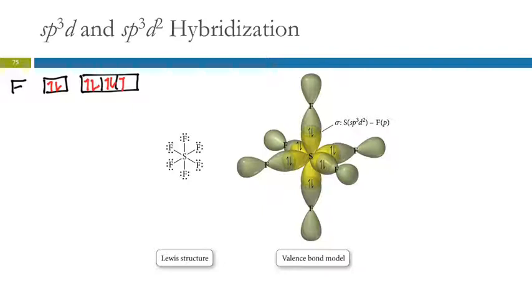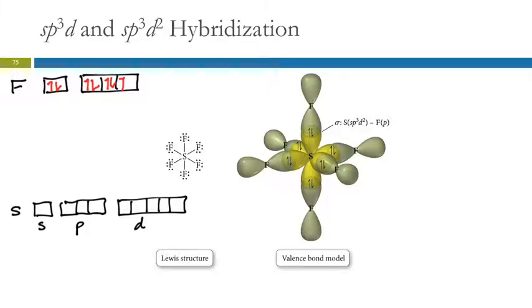And then if we look at sulfur, I'm going to put sulfur down here so I have more space. Sulfur's in the 3rd period. So it's got s, p, and d orbitals. And how many valence electrons does sulfur have? 6. 1, 2, 3, 4, 5, 6.